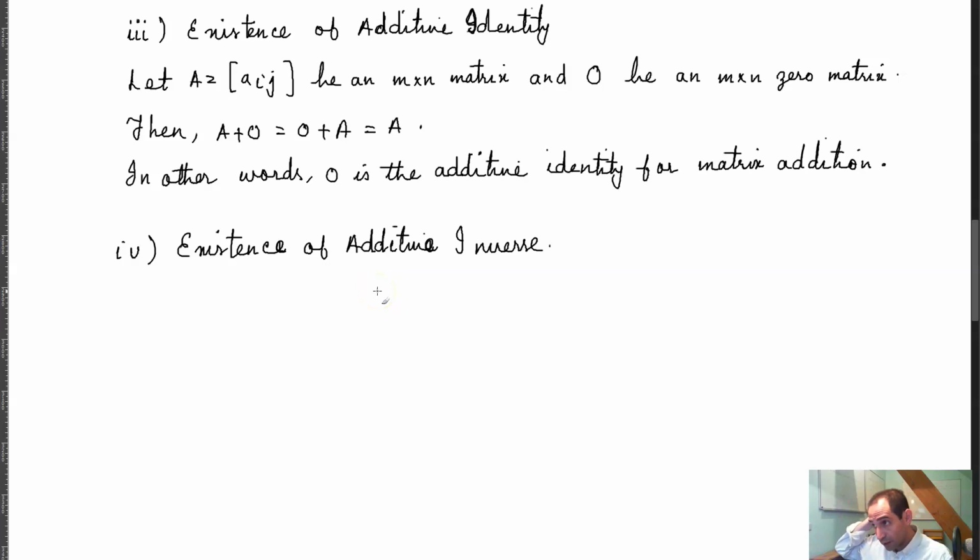The additive inverse of a matrix A is the negative of the matrix A, and when you add those matrices together, you will get the zero matrix, meaning that A plus negative A is equal to O, which is the zero matrix, and negative A is called the additive inverse of A. It is basically that.